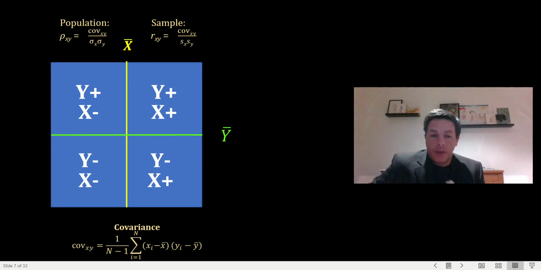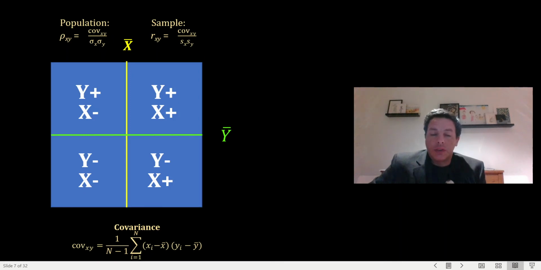be. Now, suppose one participant scored 20 in x and 30 in y. So that 20 becomes negative 30, and the 30 becomes negative 20.